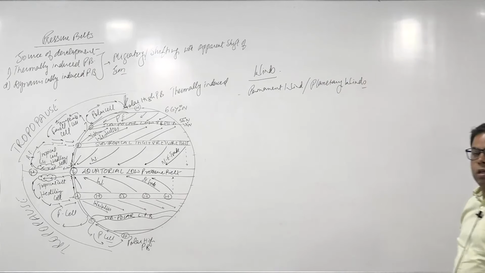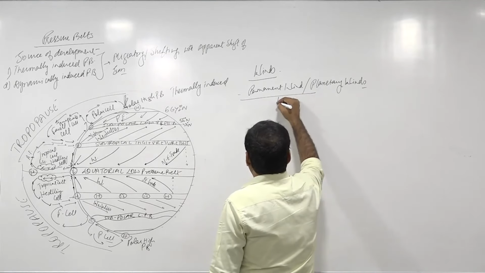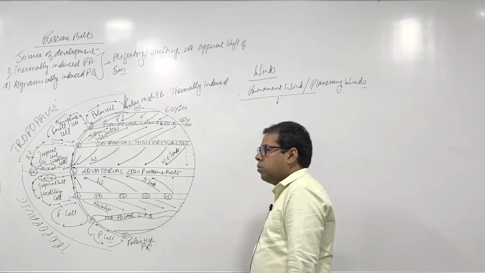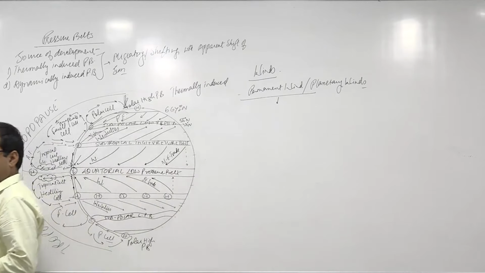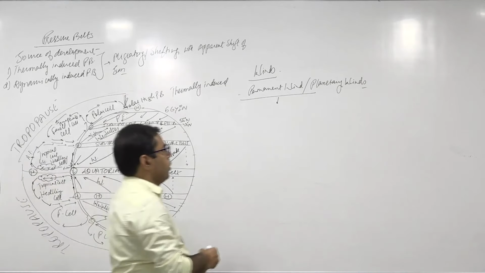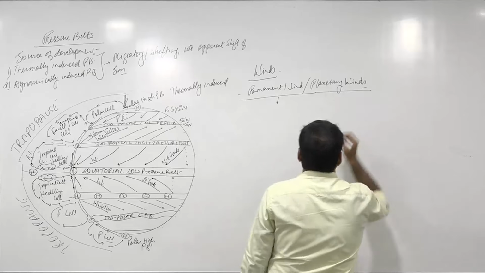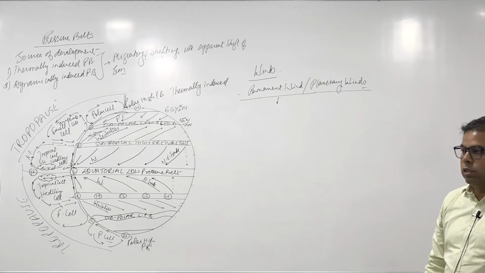Planetary winds, right? They are called permanent because they blow in a fixed direction throughout the year. That is called permanent wind, right? And they are called planetary wind. They blow around the globe, right?